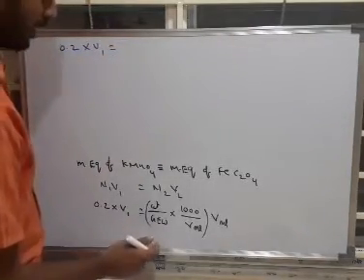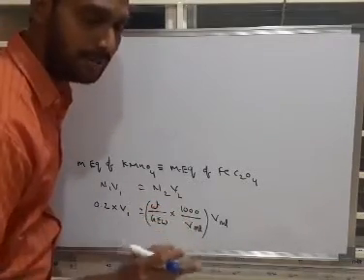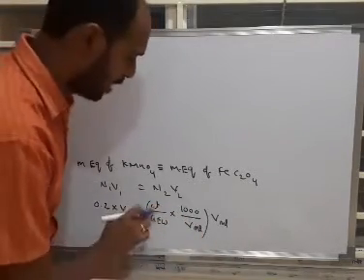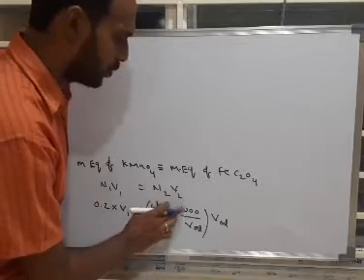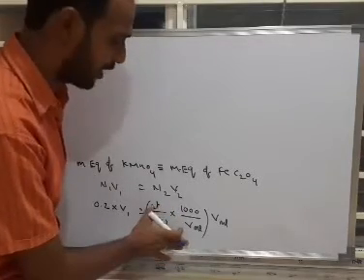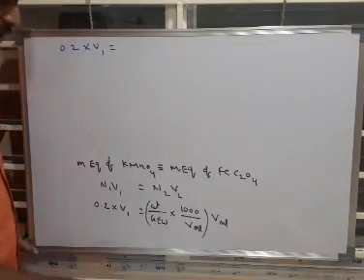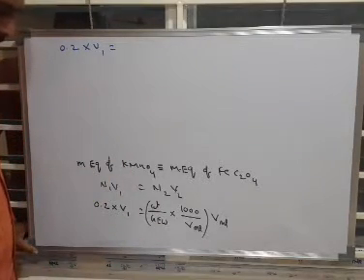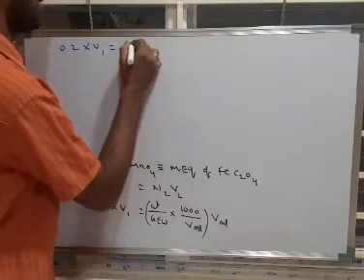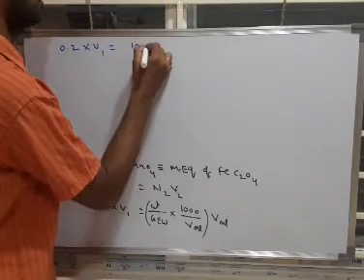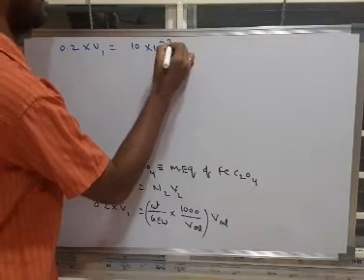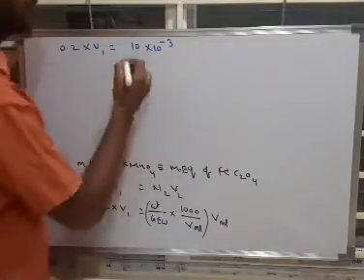Next, what is the weight? Weight must be in grams, as we know from the calculation of normality: weight by gram equivalent weight into 1000 by V milliliter. The weight in terms of grams is needed, but in the problem it is given only as 10 milligrams. So that converts to grams as 10 into 10 power minus 3 grams.